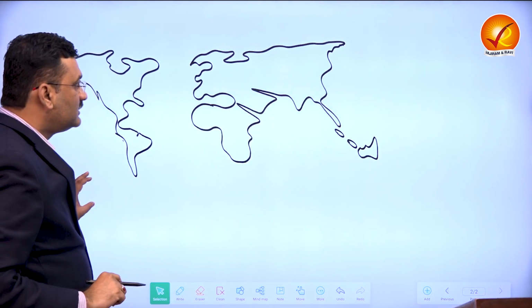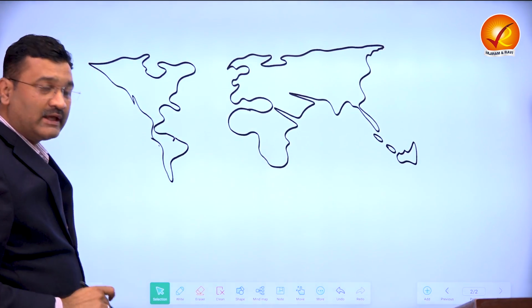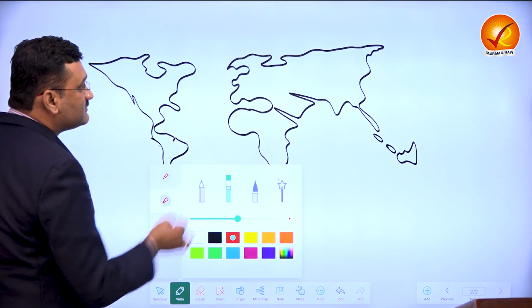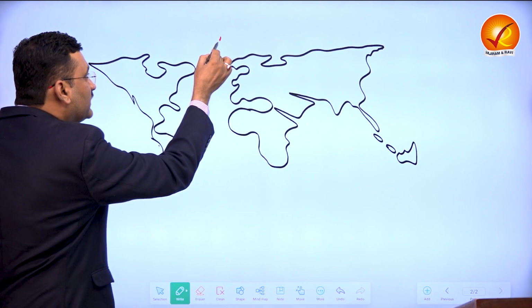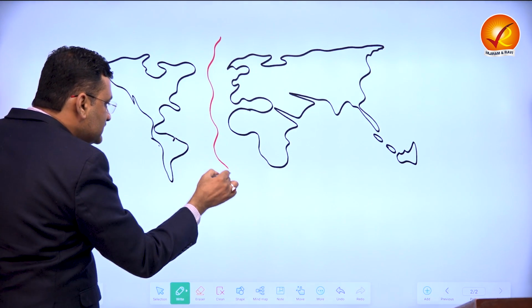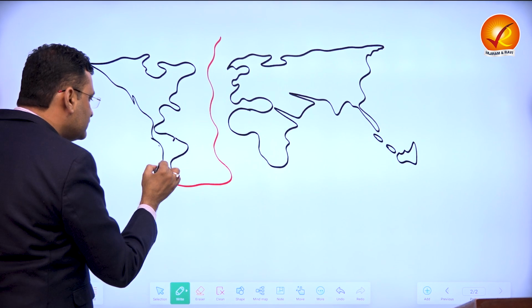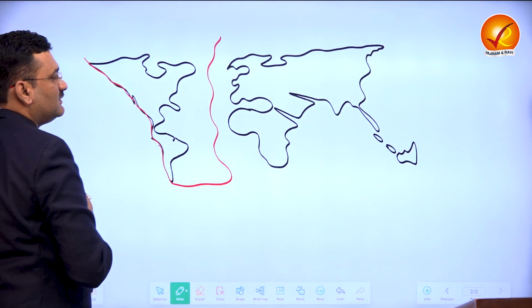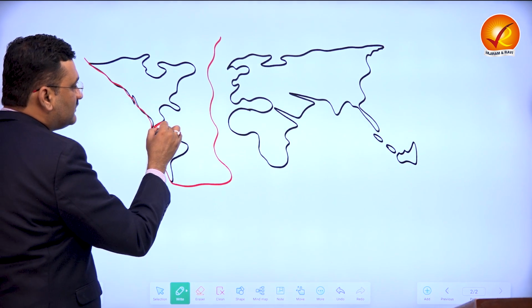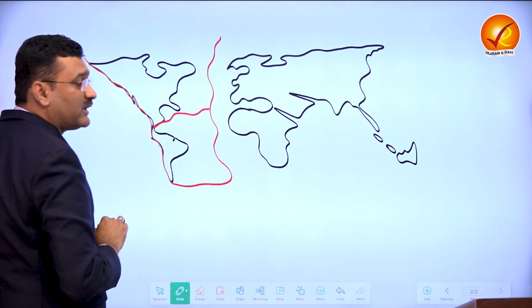So this is the world map and we can identify the plates. So this is a lithosphere. On the surface, we will consider the divisions. So this is a plate boundary, and this plate boundary is in this way.